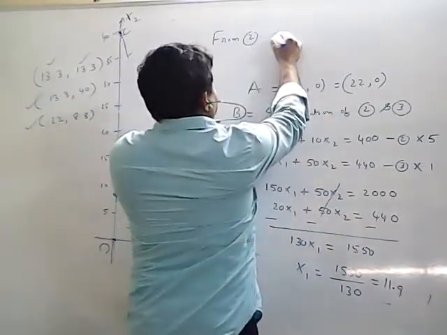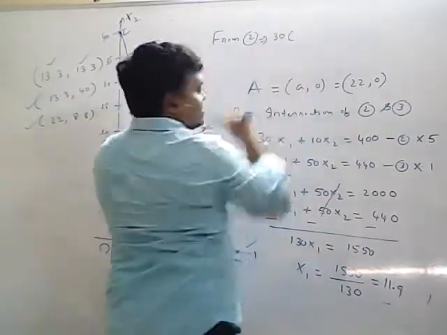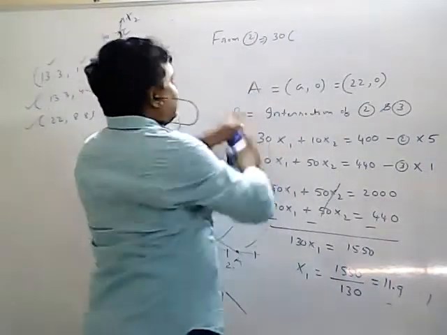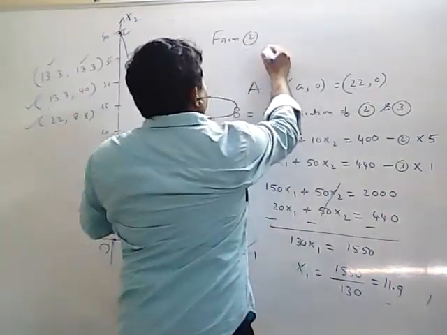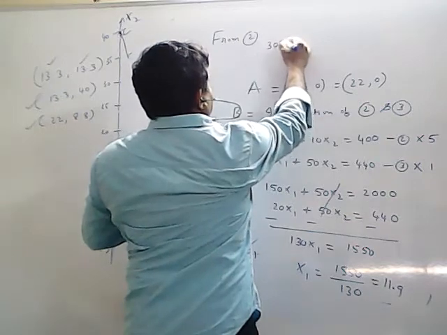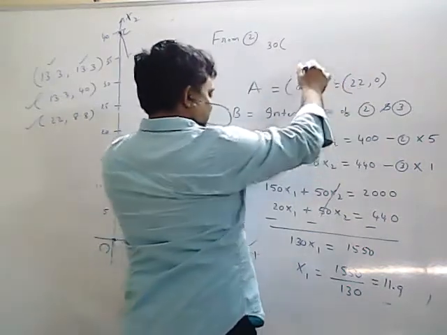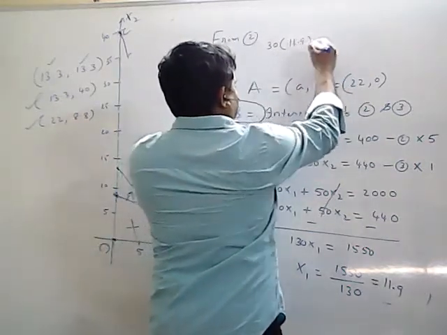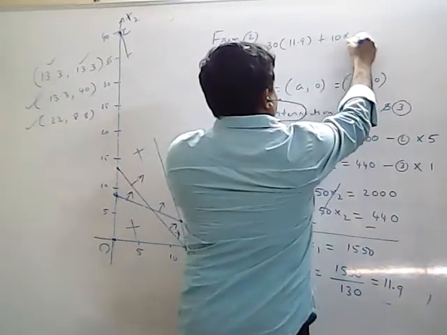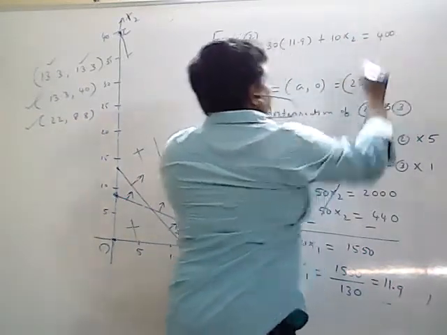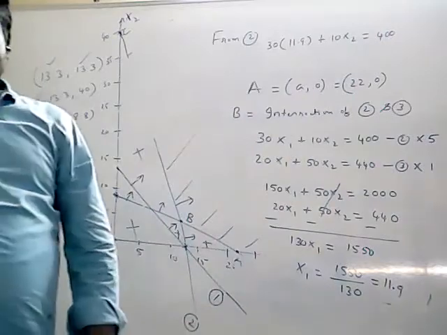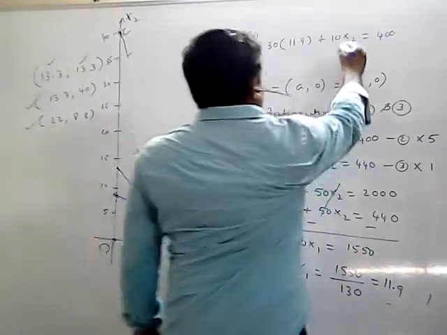From 2 what we get: 30 into 11.9 plus 10x2 is equal to 400. You have to calculate x2.